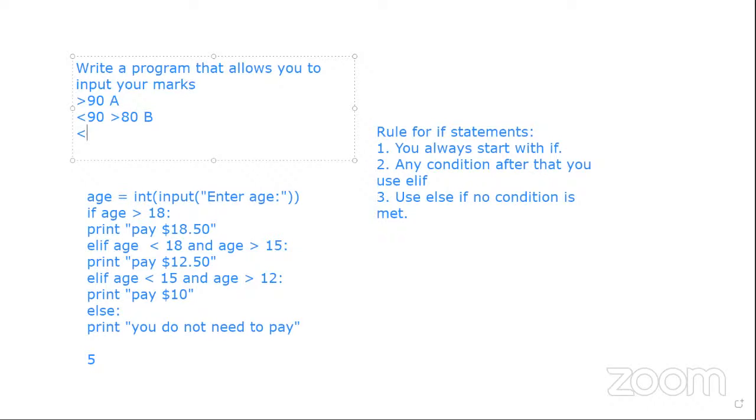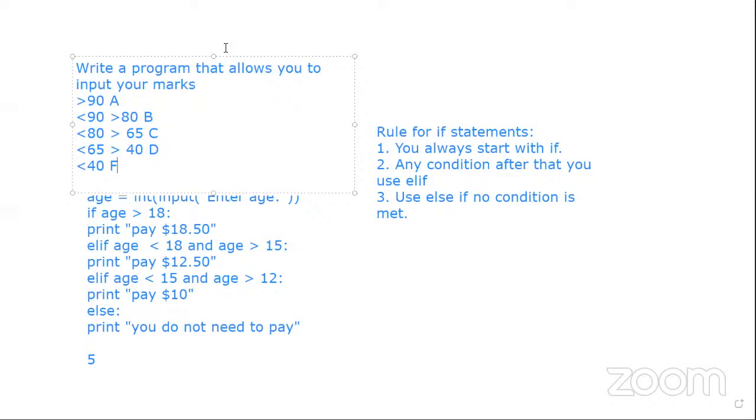So anything between 80 and 65 is a C. And anything between 65 and 40 is a D. And anything smaller than 40 will be an F. I skipped E, doesn't matter.